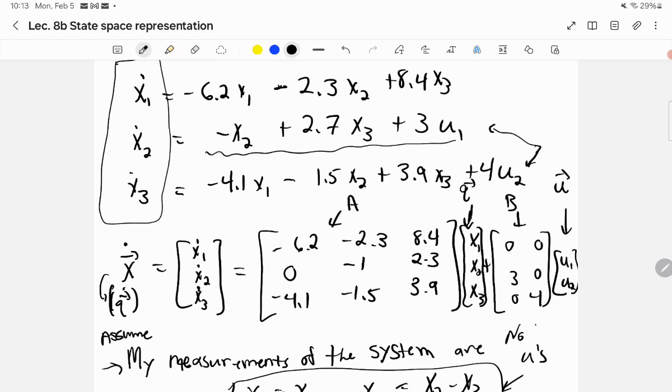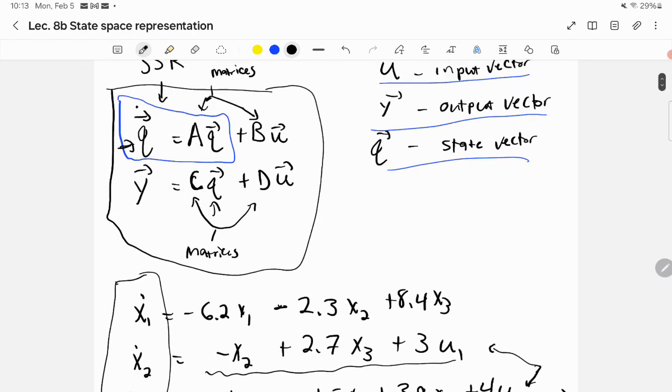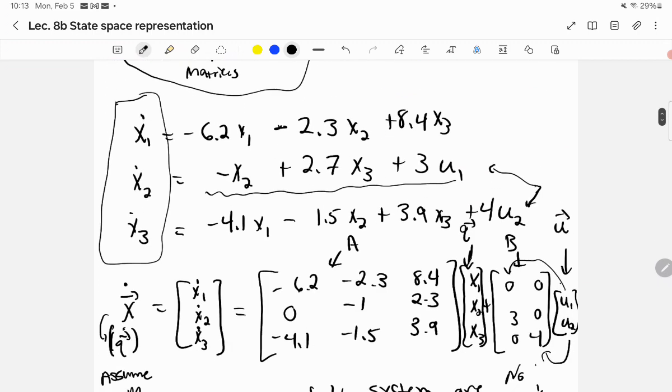Because this is going to say U1 times the first column of B plus U2 times the second column of B will give me my U's that come here, right? So the matrix B is going to have to be a very specific size in order to make these things work out.